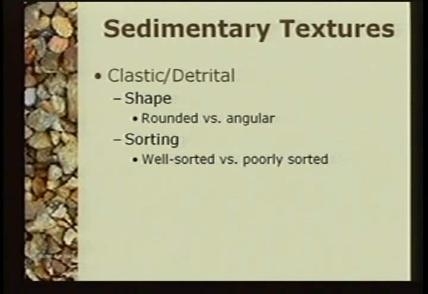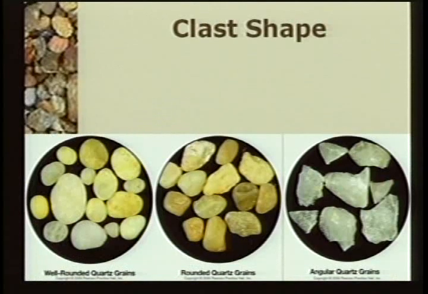I have a couple of diagrams, some photos to show you. In this, we see some clasts that are very well rounded. Note that all the edges are missing from these individual little pebbles. In this middle photograph, we see that it's rounded, but on the other hand, some of the angles are still sort of preserved as rounded angles.